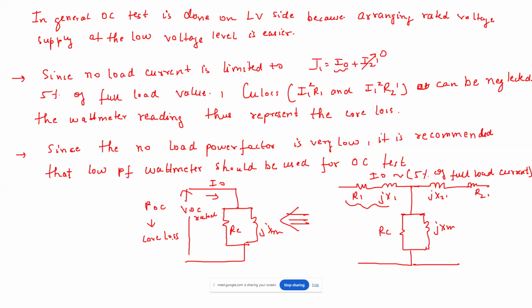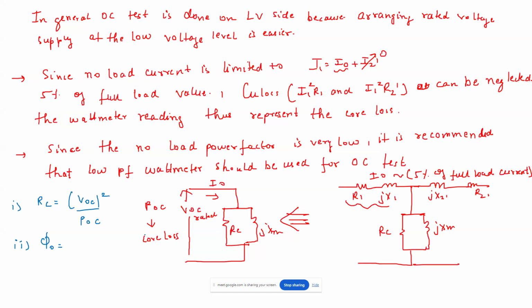Now, after getting these things, how do we calculate RC and XM? A quick calculation will give you these values. RC is VOC square by POC. There are two ways you can do it, and this is the more practical way, which I am writing.